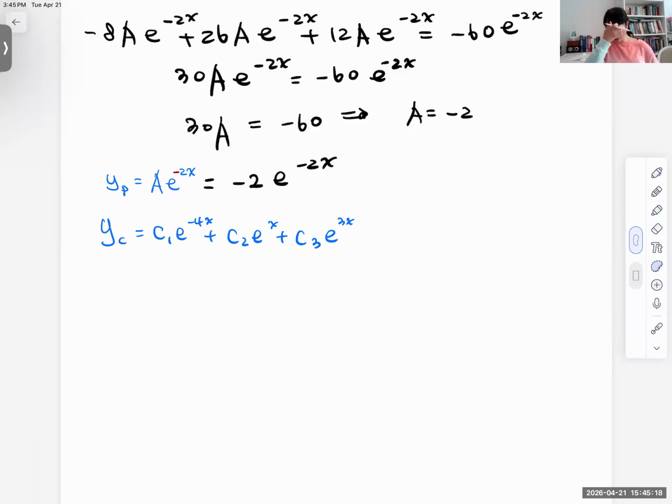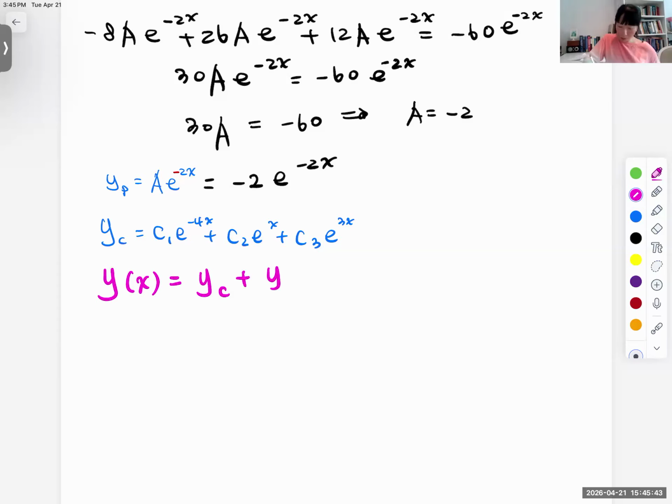What we do, I want to make an equation of y of x. So all together, right? y of x equal to the complementary solution plus what is called the particular solution, right?